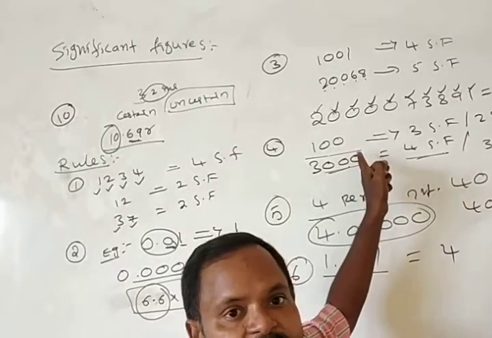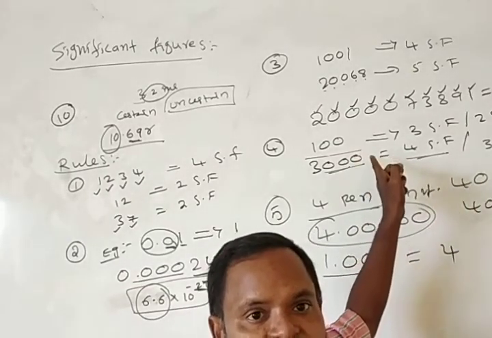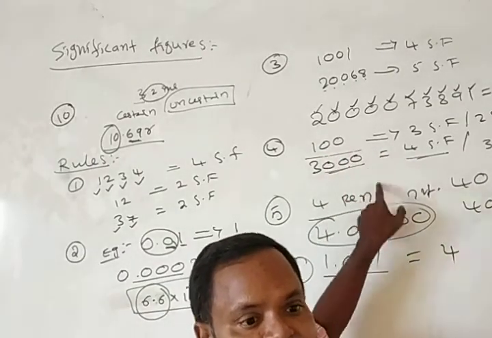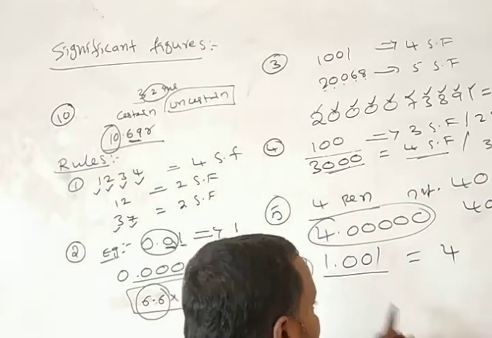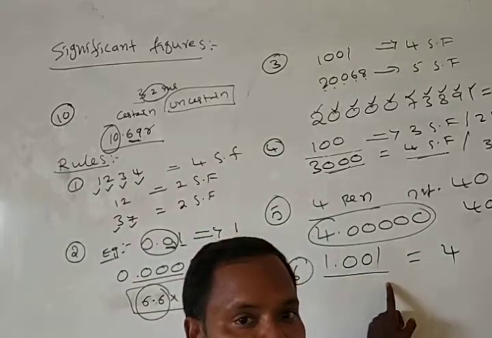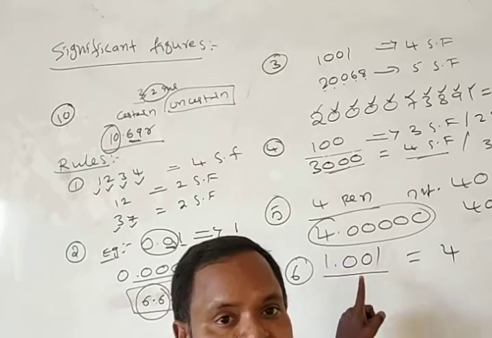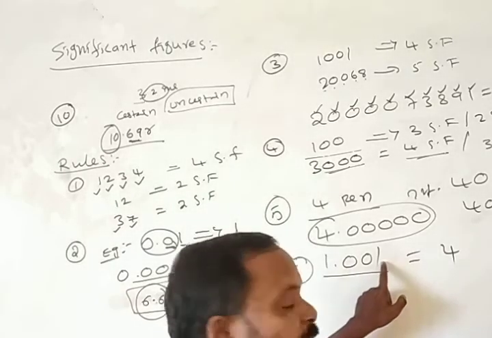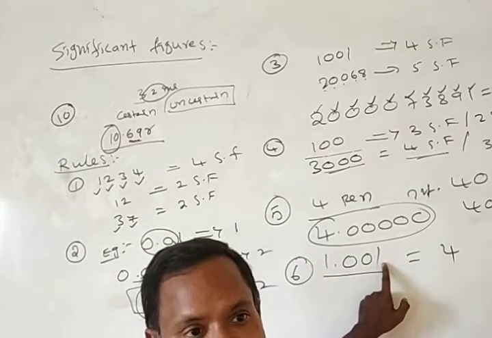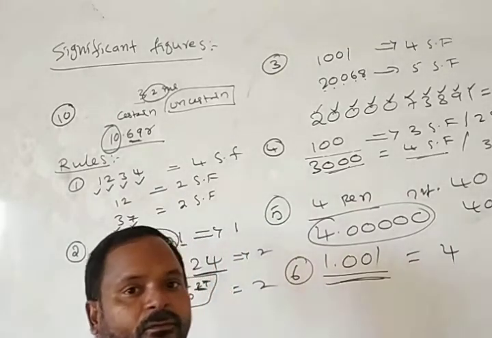Here 100, 300 is contained. The zero may sometimes be a significant figure or not. If it is considered 10 significant figure, this contains 2 or 3, or 4 significant figures. Like 1.001, if zeros are present after the decimal, before the decimal, and after the zeros a non-zero digit is there, such numbers are also significant.